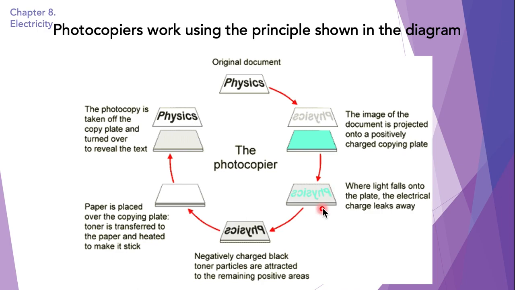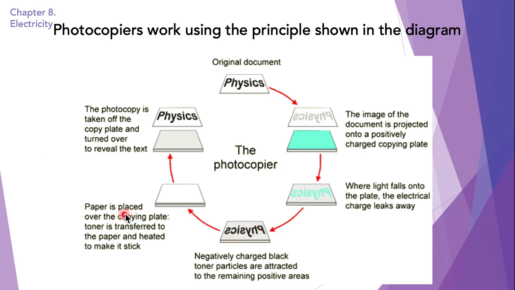Then powdered ink, called toner, is attracted to the charged areas. The black toner is negatively charged, and the charge on the plate is positive. So negatively charged black toner particles are attracted to the remaining positive areas, which are basically the text areas. The white areas are gone. So the toner particles are attracted to the remaining positive areas.